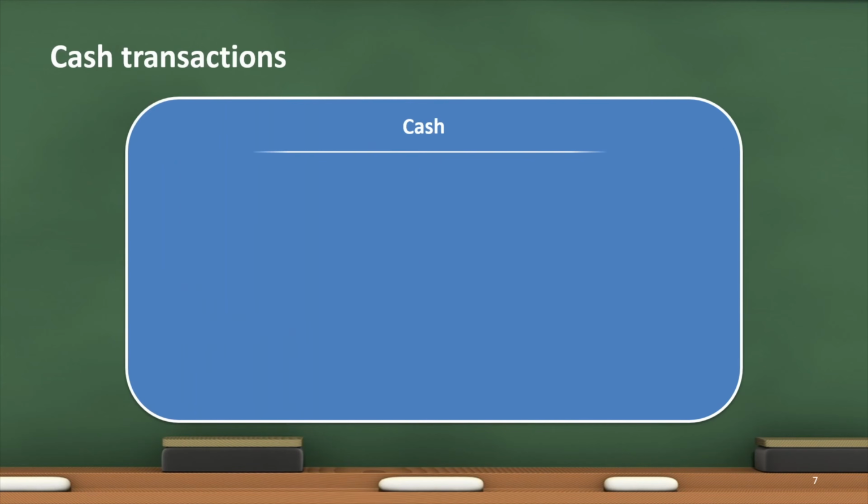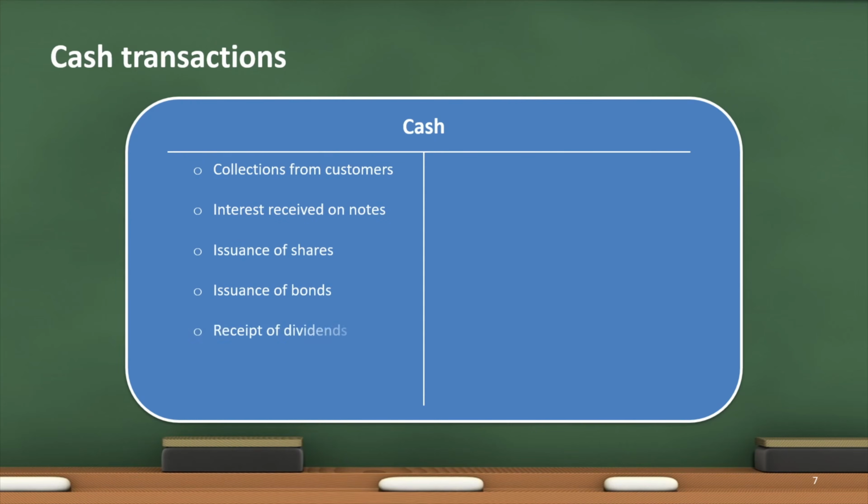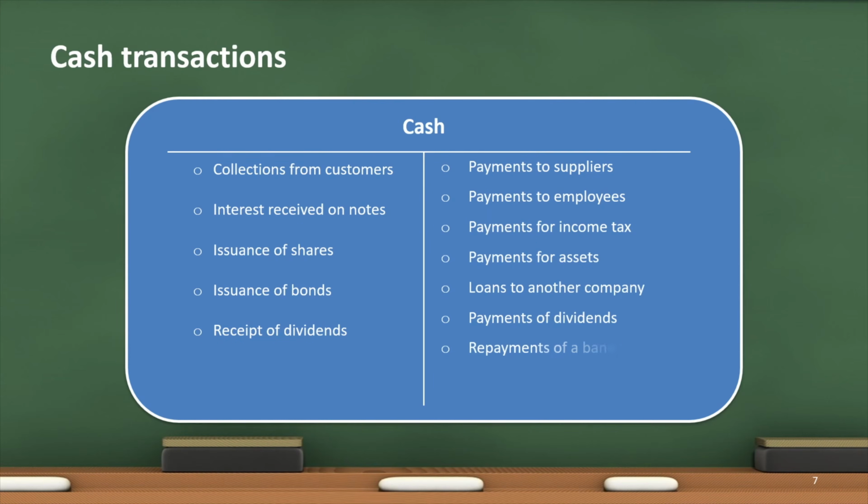If we were to look at a T account, on the left-hand side we would have debits, and those would represent cash inflows, things like collections from customers or the receipt of dividends. On the right-hand side, we would have payments or disbursements for any number of different reasons. We know what these transactions are, debits to cash and credits to cash, cash in and cash out.